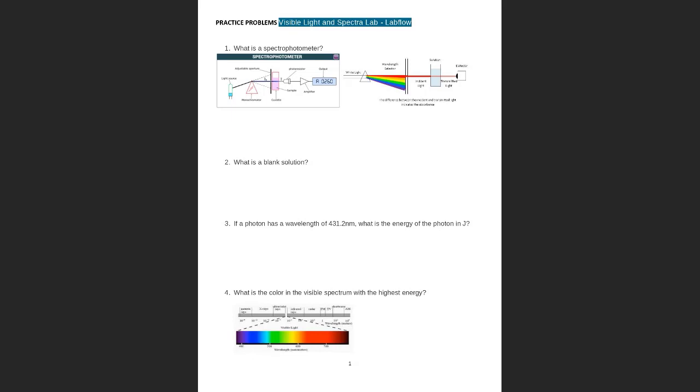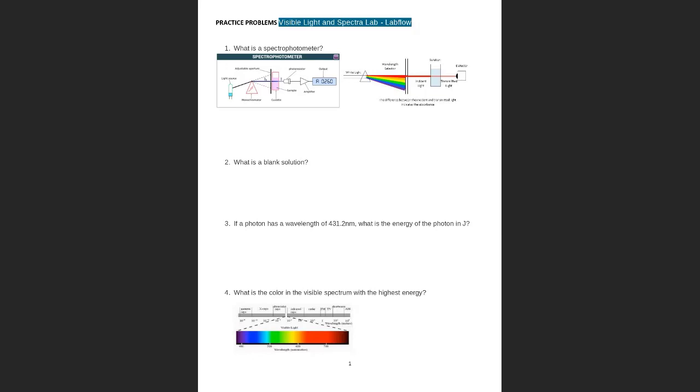What is a spectrophotometer? There is a video in Labflow that you should watch and take notes of the details on how you have to clean, what you need, the cuvettes, and all the elements that you need in order to use a spectrophotometer.